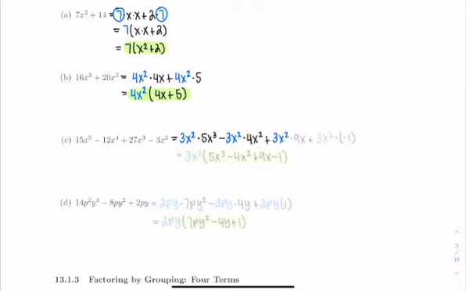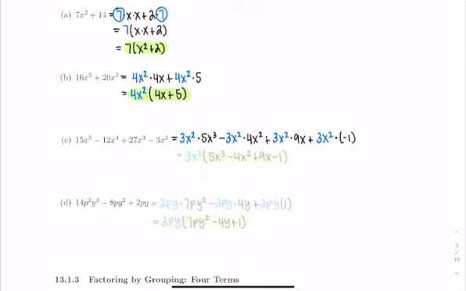We'll have 3x squared times 9x to give me 27x cubed. And then we have 3x squared, and we want to have negative 3x squared, so that's going to be a negative 1.